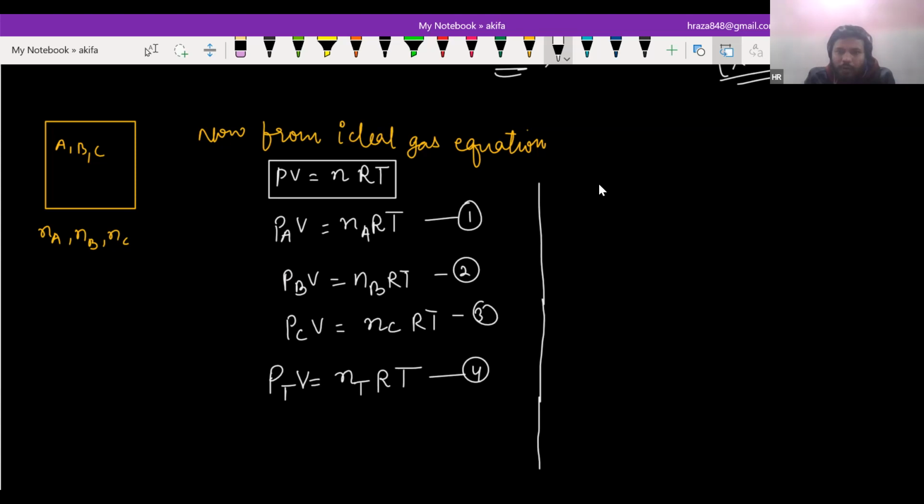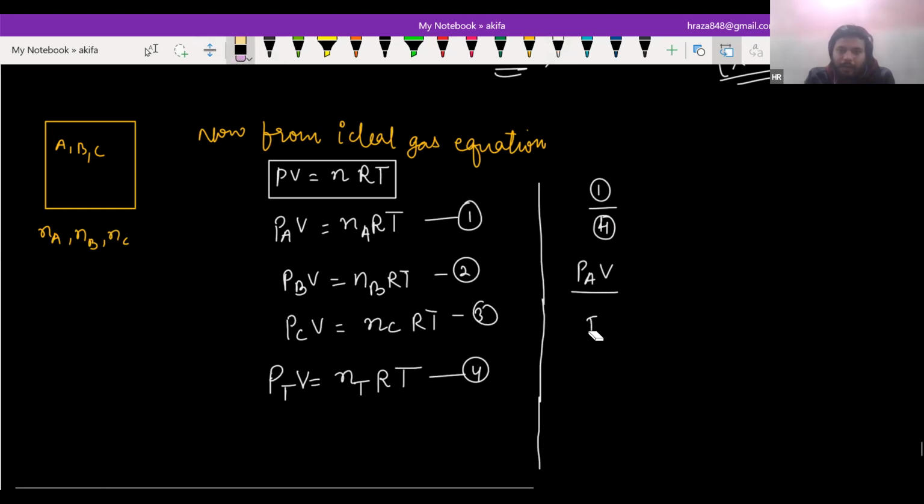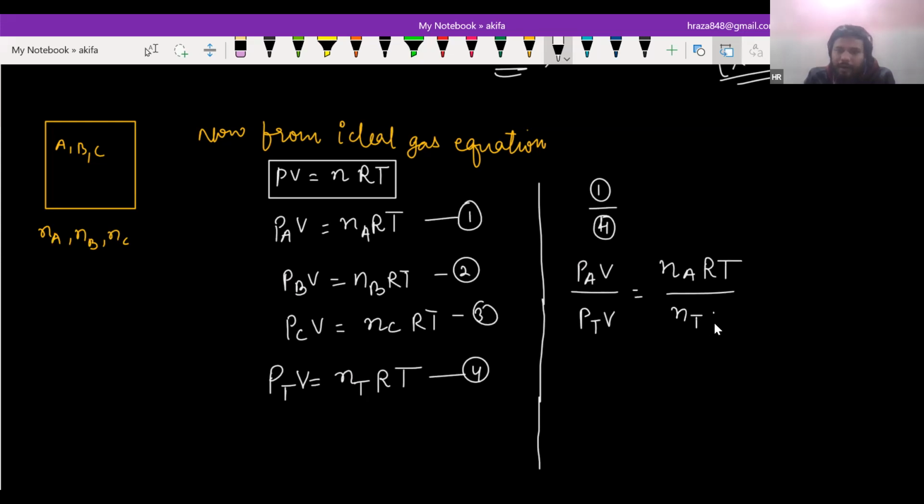Now I'm going to divide equation 1 by equation 4. Equation 1 is PAV, and equation 4 on the left hand side will be PTV. On the right hand side of equation 1 you will see NART upon NTRT.